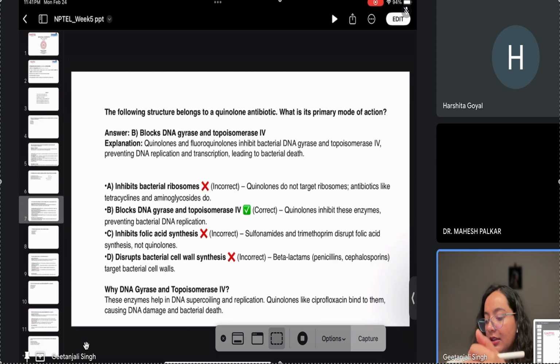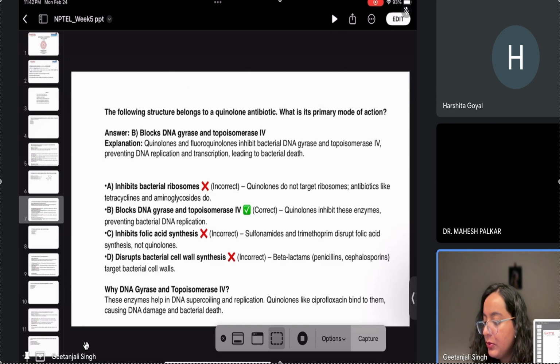There are certain classes of antibiotics like tetracyclines and aminoglycosides that target ribosomes. The second option, which was the correct option, blocks DNA gyrase and topoisomerase 4, and that's how it prevents DNA replication in bacteria.